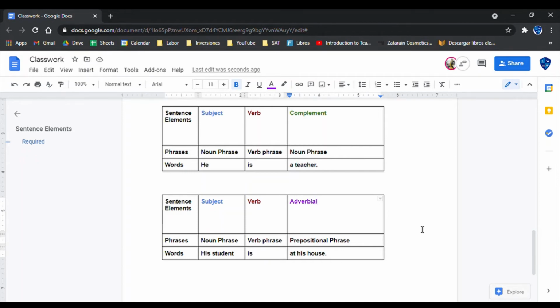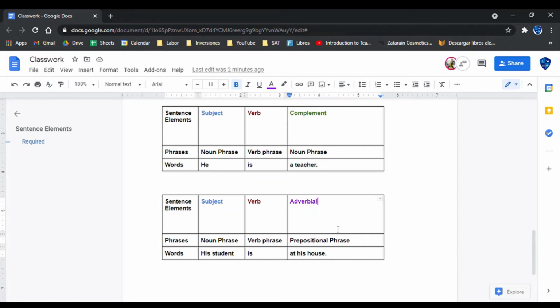Yes, they all need a subject and a verb. Does the order not matter? For example, maybe the subject is at the end and the verb is at the beginning, and maybe we have an object at the beginning.